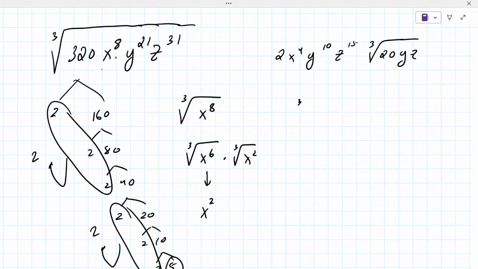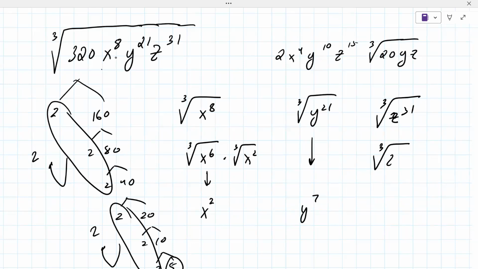And then the cube root of y to the 21, that's the one that works out nice. So that just becomes y to the seventh because you can divide it by 3. The cube root of z to the 31, you can treat as the cube root of z to the 30th times the cube root of z to the 1. And that first one becomes z to the 10th.